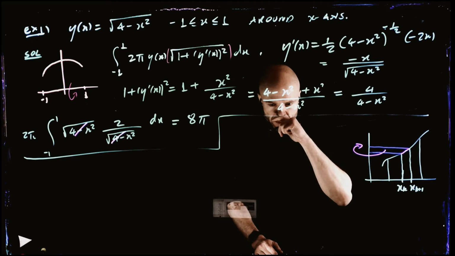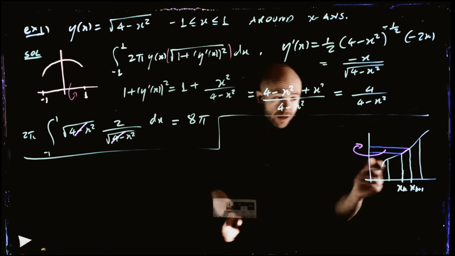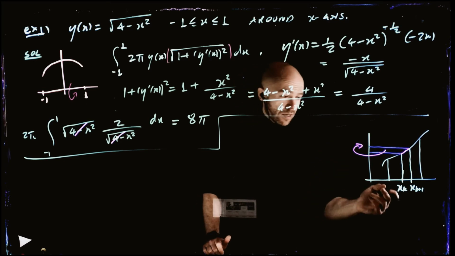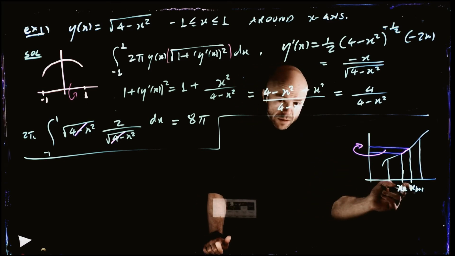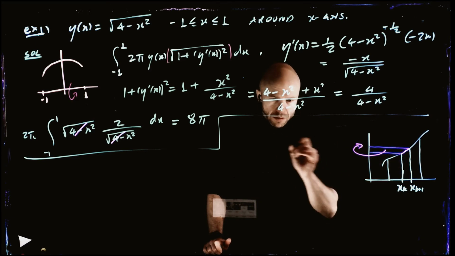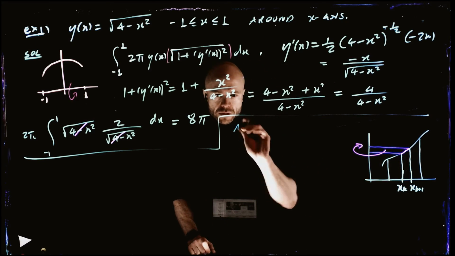So then, what's the circumference of this strip? The circumference will be more or less 2 pi times xk, because this is like the radius of the base. Do you see what I mean? So let's write this: surface area of the strip.